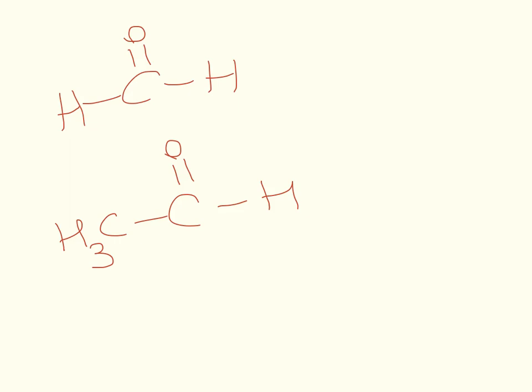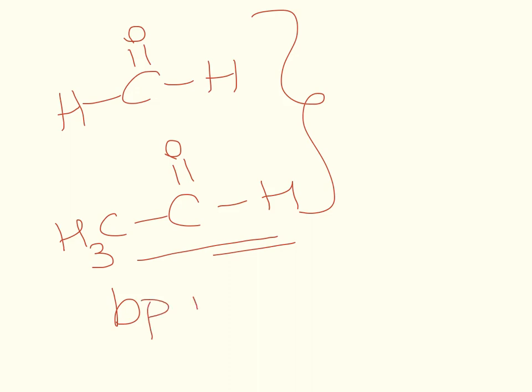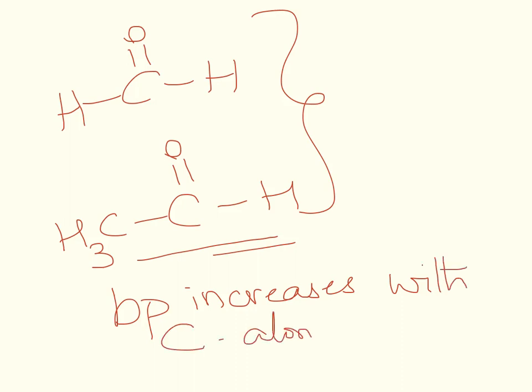Which out of these two, among themselves, will have the higher boiling point? Always remember, if it is the same family, look at the number of carbon atoms. The more carbon atoms, the higher the boiling point. So boiling point increases with the number of carbon atoms within the same family. That is a general rule.